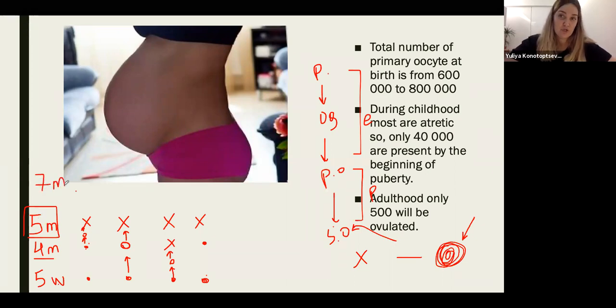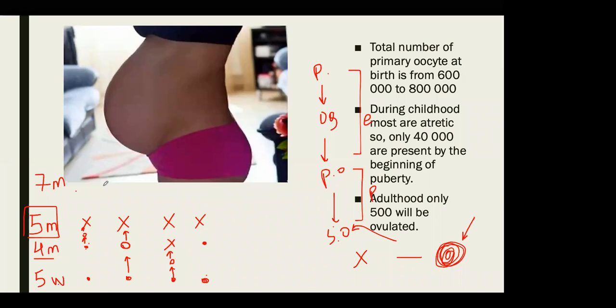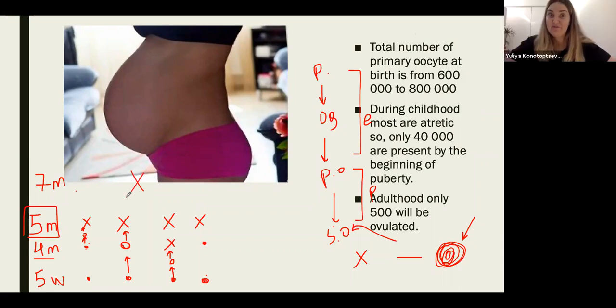of embryological development. So how many primary oocytes should I have right now, at the 7th month, in the cluster? 1. There should be only 1 primary oocyte left. So we had 4 primary oocytes in our cluster.